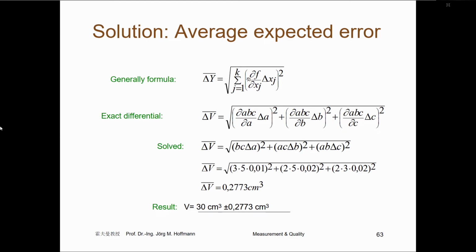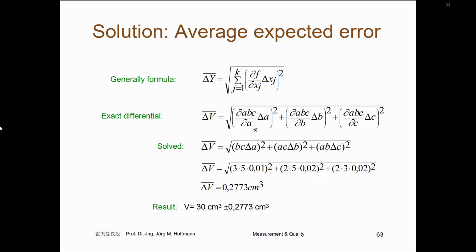And you see the formula is A multiplied with B multiplied with C. And the exact differential is the square root of: ABC derived to A multiplied with delta A powered by 2, plus ABC derived to B multiplied with delta B powered by 2, plus ABC derived to C multiplied with delta C, every time powered by 2.